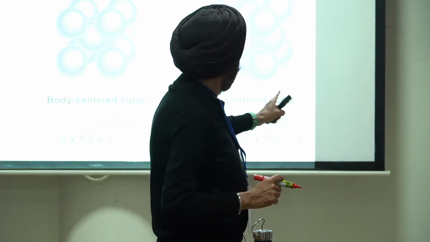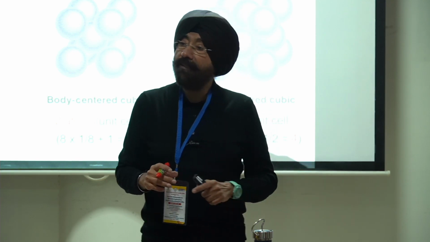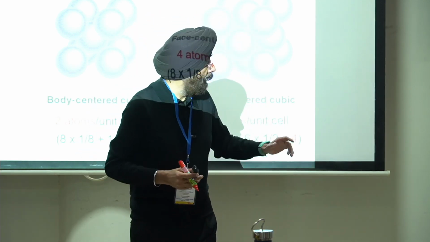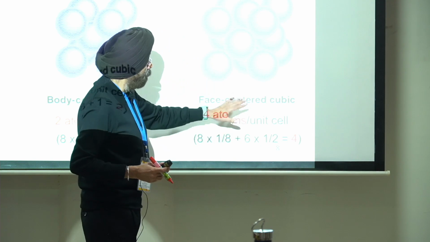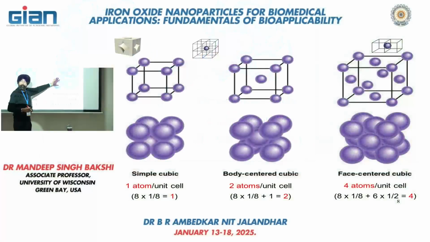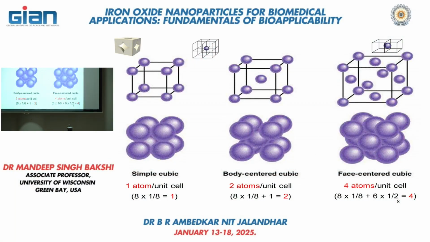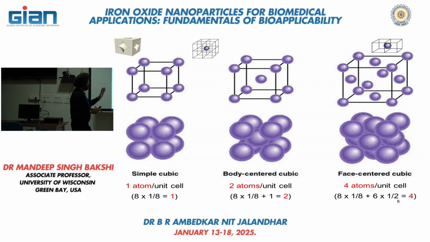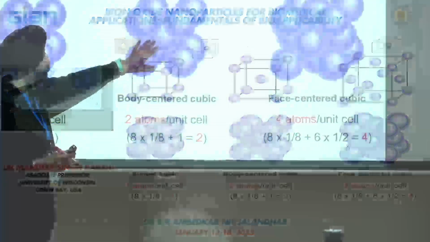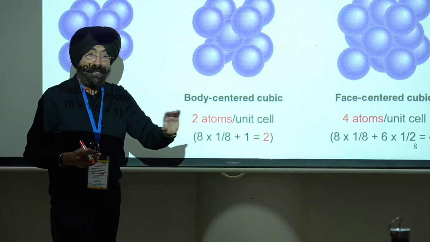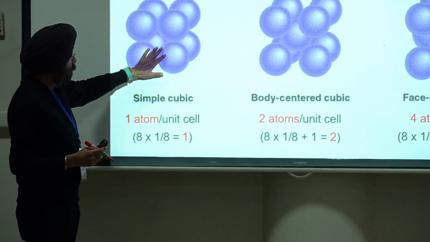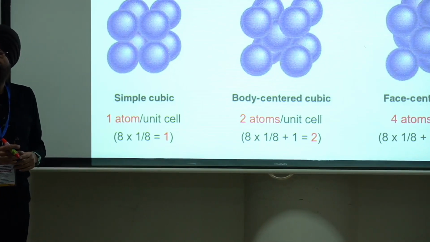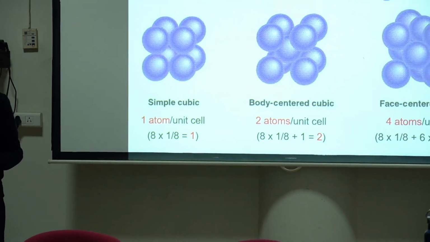So among these three, the face-centered cubic geometry has the maximum compact arrangement, and there are practically negligible amounts of interstitial spaces. For the body-centered cube, still there are interstitial spaces, whereas in the case of the simple cube, there are plenty of interstitial spaces. So in this way, we can differentiate.